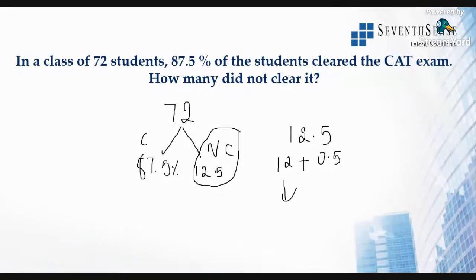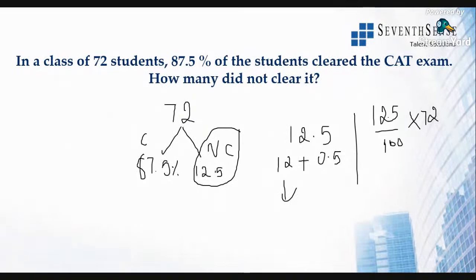I'll just try it out with the traditional method. 12.5 by 100 into 72. You will have to multiply directly 125 into 72, then divide by 1000. We'll just go with this.